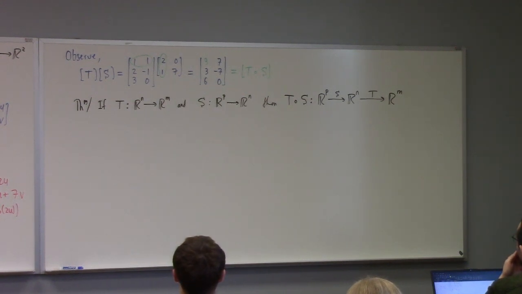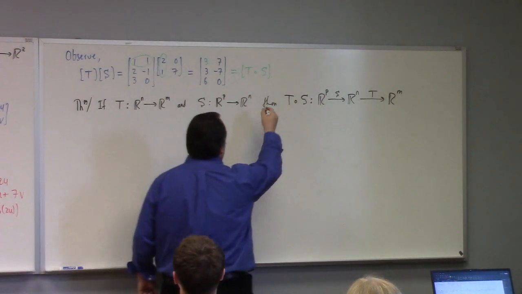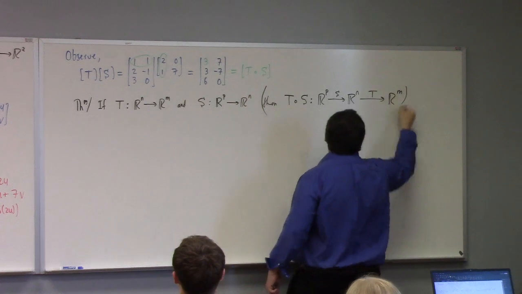I want to say more, though. These aren't just functions, right? I'm assuming these are linear maps, linear transformations. If we have T and S like this, and they're both linear, this is just a parenthetical comment, okay?